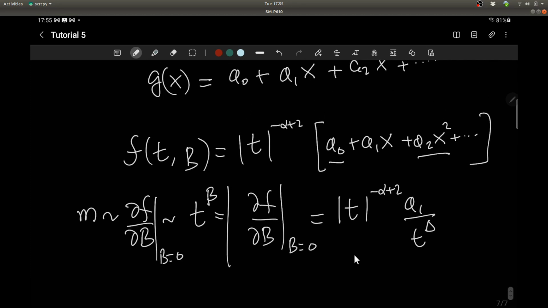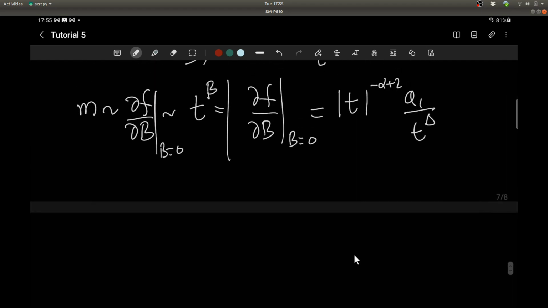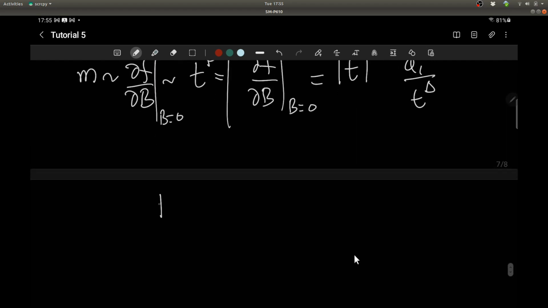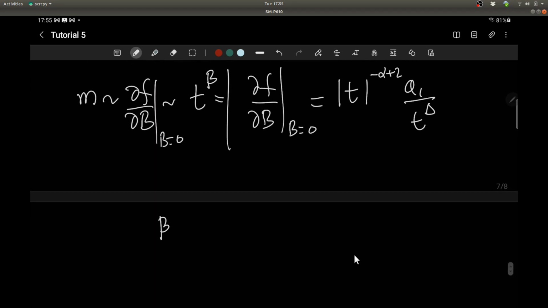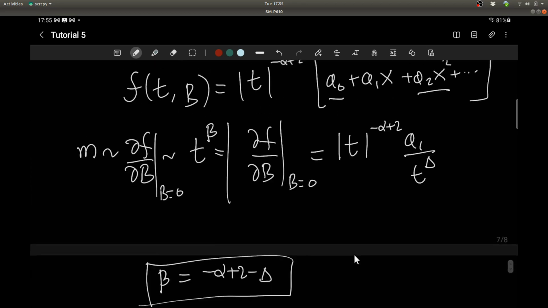Correct? So we just look at these two and we get a relationship. It says that beta equals minus alpha plus 2 minus delta. Is this fine? Just comparing, nothing deep. So this is relation 1.